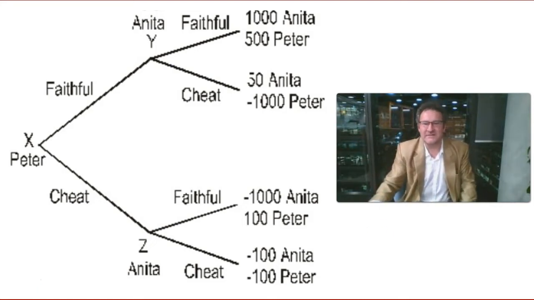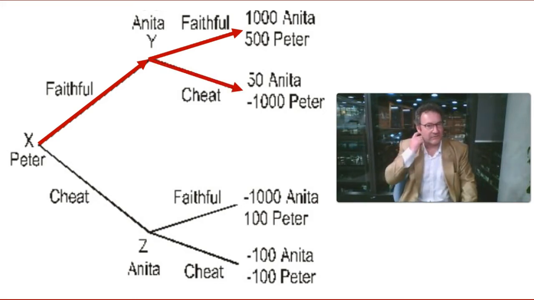All right, so here's how we interpret the tree. If Peter were faithful, then what should Anita do? Now Anita has a choice. Should she remain faithful or should she cheat? Now we can see there, Anita is only thinking of Anita, right?